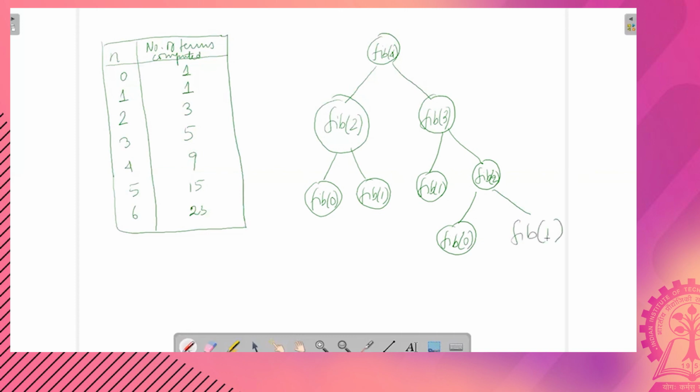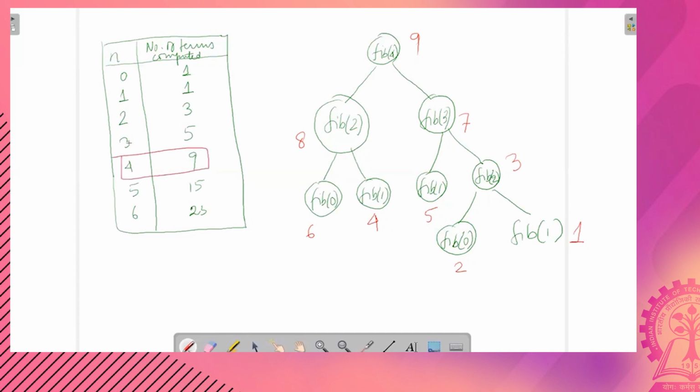So let us count now how many computations we do. 1 computation, 2, 3, 4, 5, 6, 7, 8, and finally 9 computations. These are the 9 computations that you have to do in order to compute fib 4.